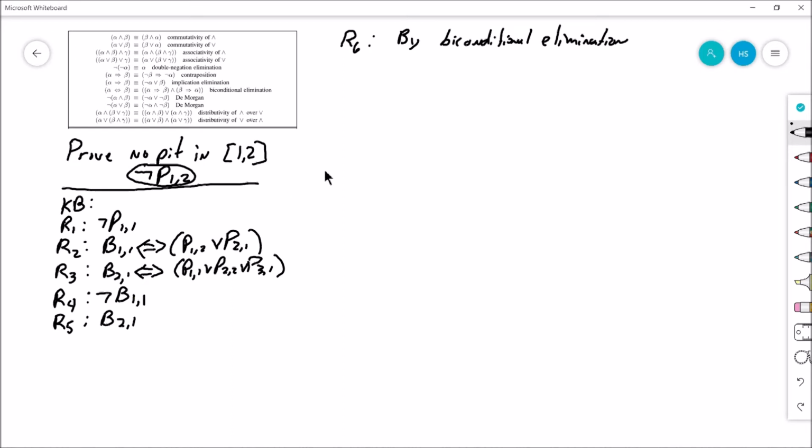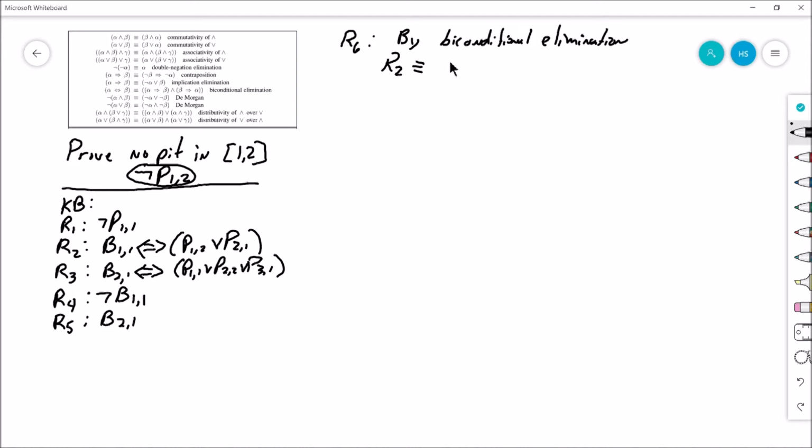What I'm going to do is take R2 and transform that, rather than rewrite the entire thing, I'm going to do a substitution. The B11 would form the alpha, and then the P12 or P21 would form the beta. Alpha if and only if beta is logically equivalent to alpha implies beta and beta implies alpha.